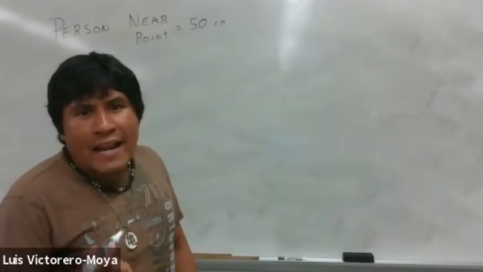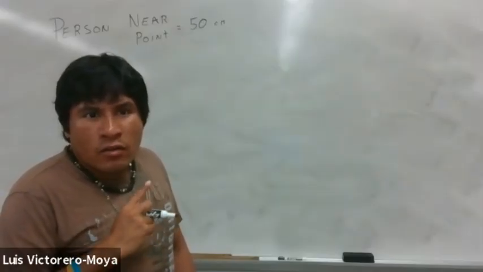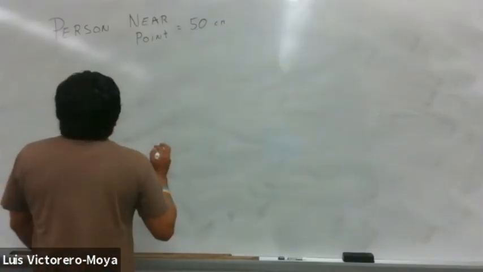And they ask you what's the focal length of the lens that you need to correct for that person, so that person can observe objects 25 centimeters away.